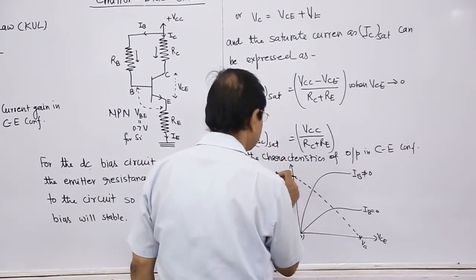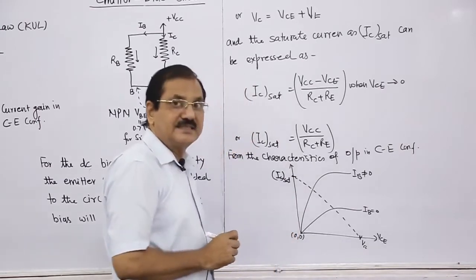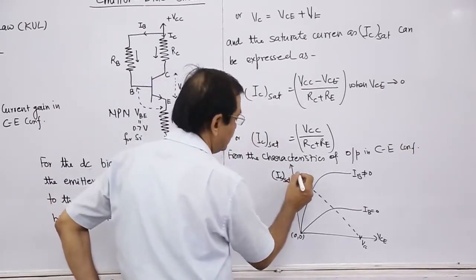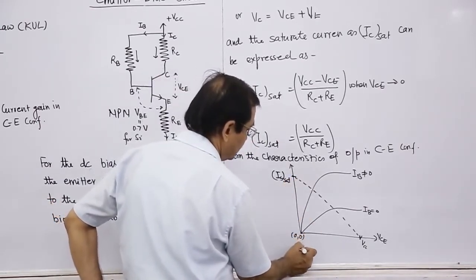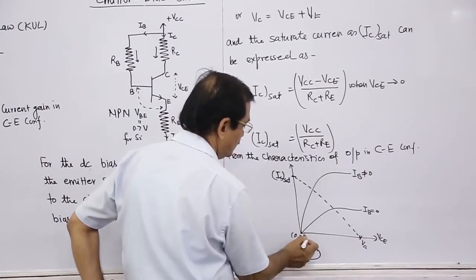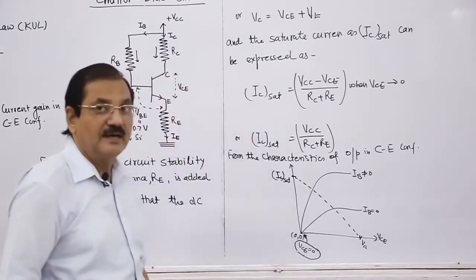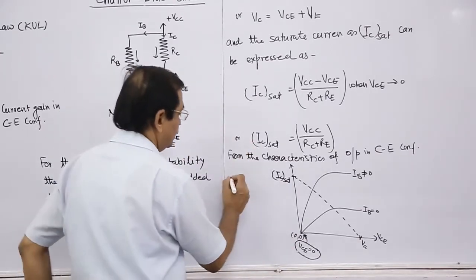This point is IC sat, because at this point VCE is equal to 0. So, this corresponds to the saturation current.